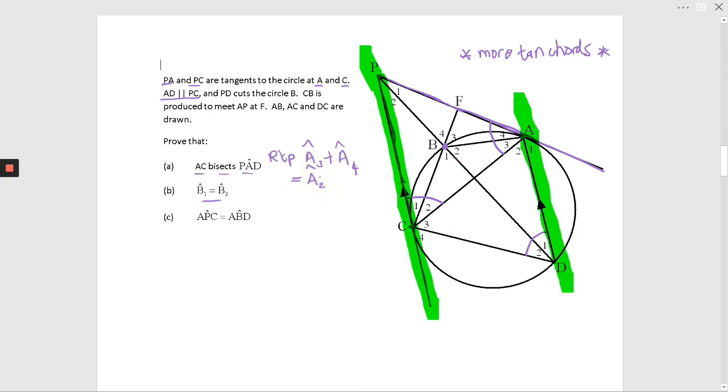That's what I've got to do, because bisect angle means I've got to prove two angles are equal to each other. If it was bisect a chord, I'd have to prove that two sections of the chord are equal to each other, but this one's an angle.